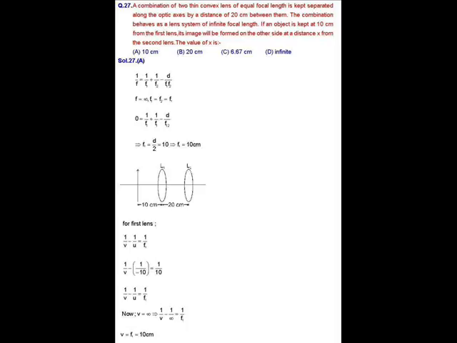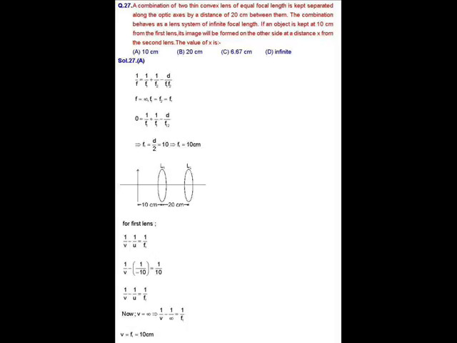It means it is kept at the focus, so its image will form at infinity, and that infinite image will behave as an object for the second lens, and for the second lens its image will form at the focus. It means the distance of the final image from the second lens is 10 centimeter.